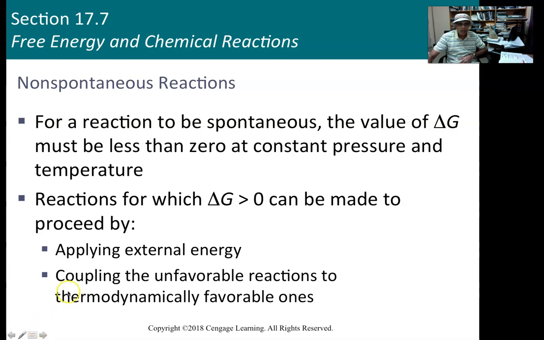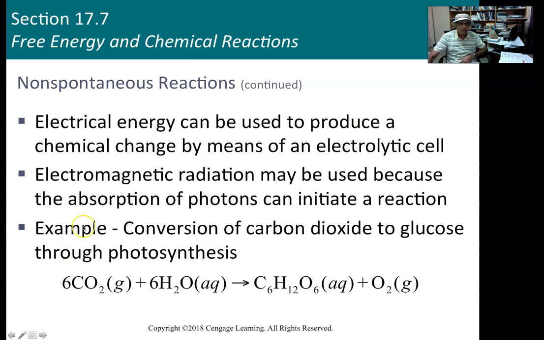One example of this is the use of electrolytic cells, or electrolysis, which is the process known for that. So electrical energy can be used to produce chemical change.